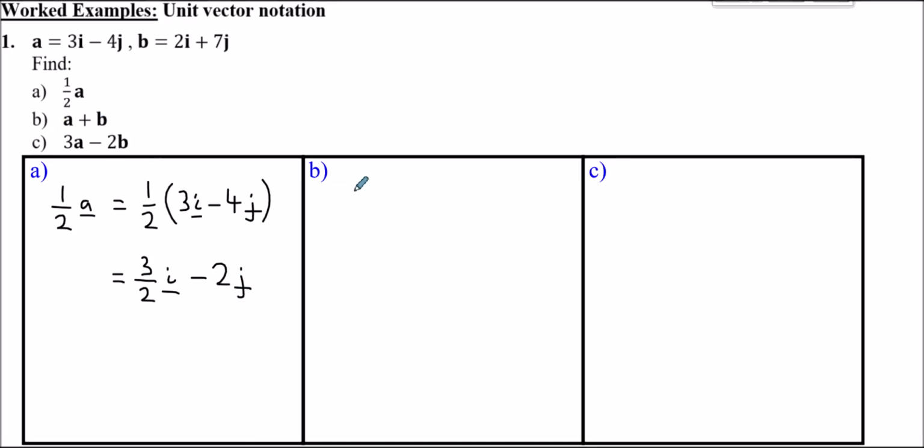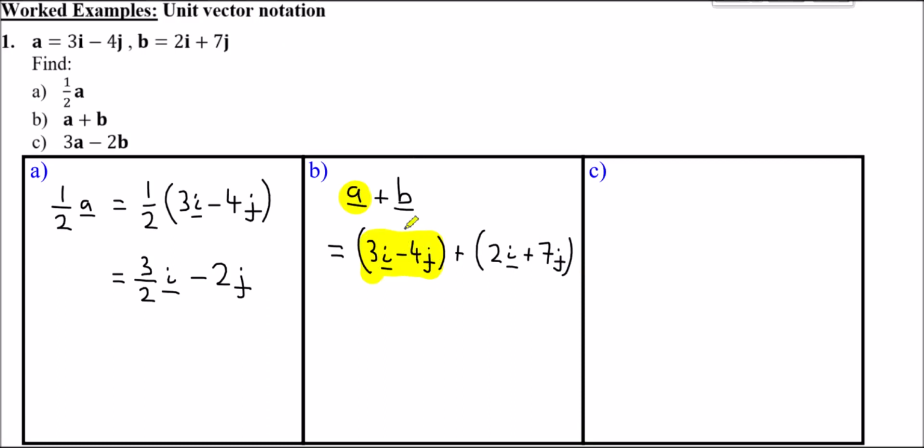For part B, A plus B in unit vector notation, well, we have A, which is 3i minus 4j. I'm going to add to that B, which is 2i plus 7j. So all we're doing here is just replacing the vector A with how it's denoted in its unit vector form.